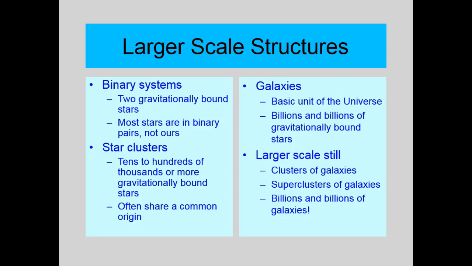And then superclusters of galaxies. This is mind-boggling. And on top of it all, we have billions and billions of stars in one galaxy, and billions and billions of galaxies out there. So when you look at what we are in perspective to what the universe is, we are less than a speck of dust, okay? Because the scale is enormous.